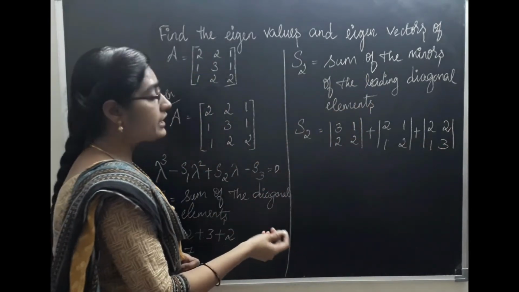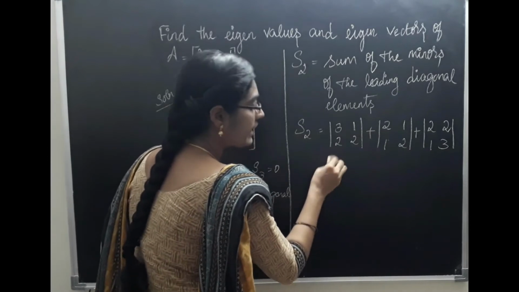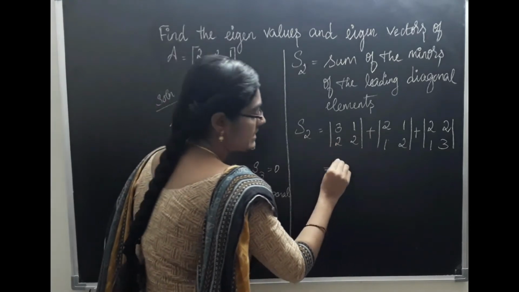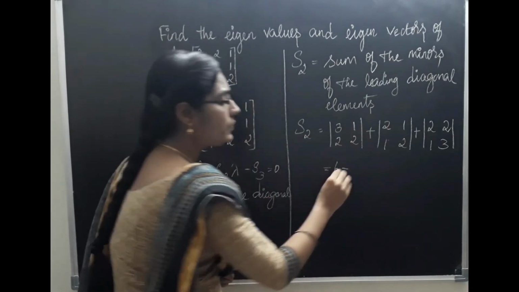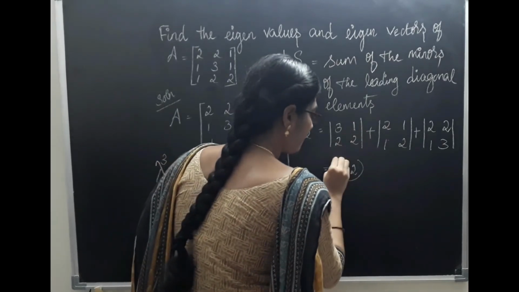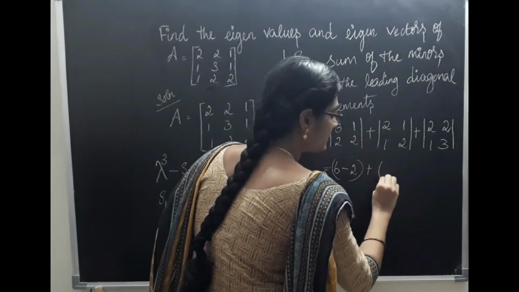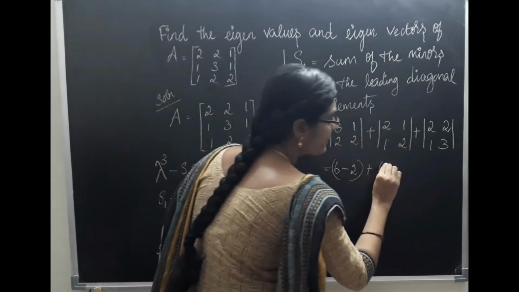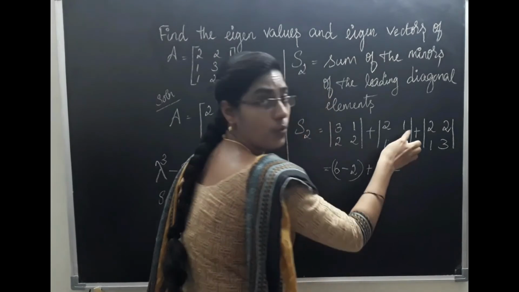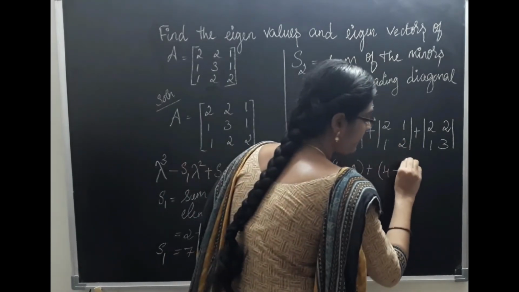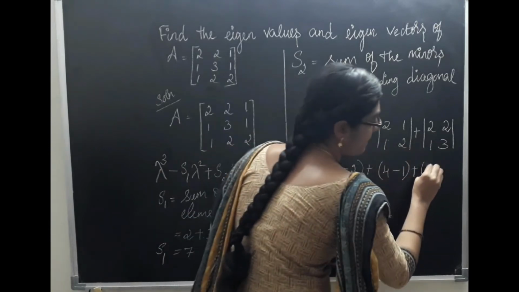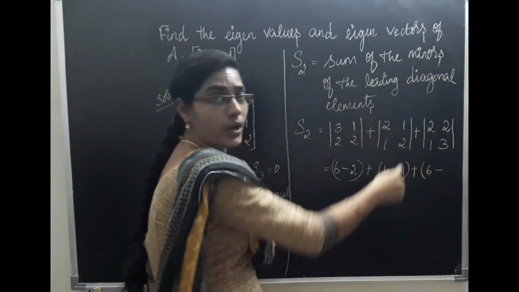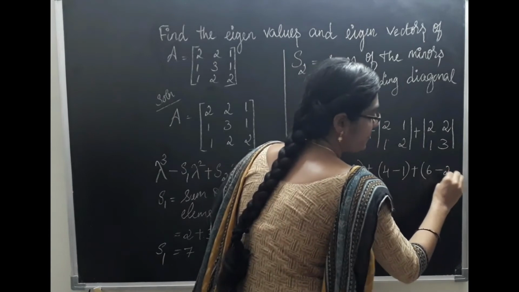We need to cross multiply each one, so that we will get 3 2s are 6 minus 1 into 2, 2, plus 2 2s are 4 minus 1 into 1 is 1, plus 2 3s are 6 minus 1 into 2 is 2.